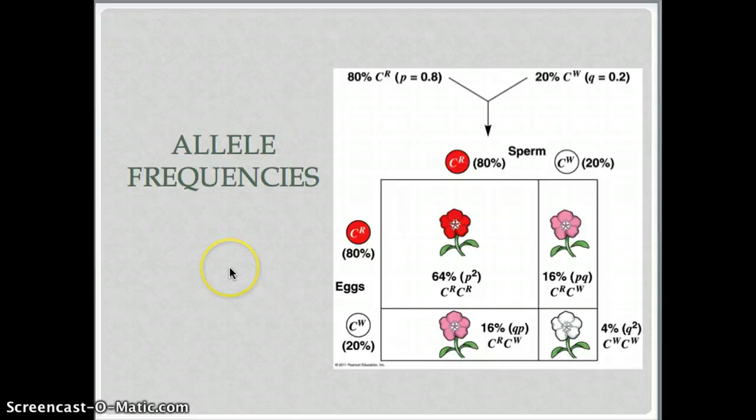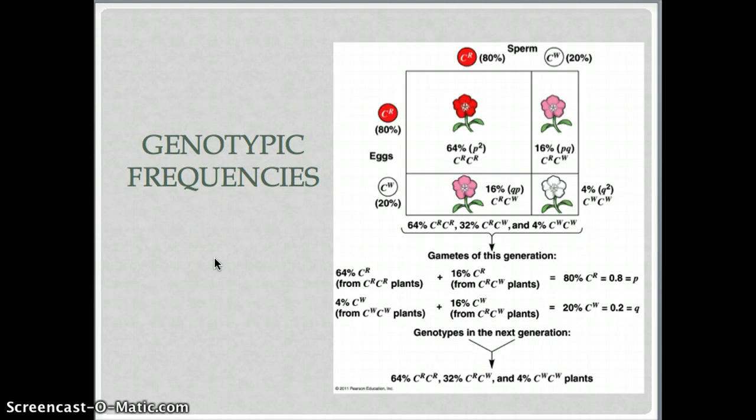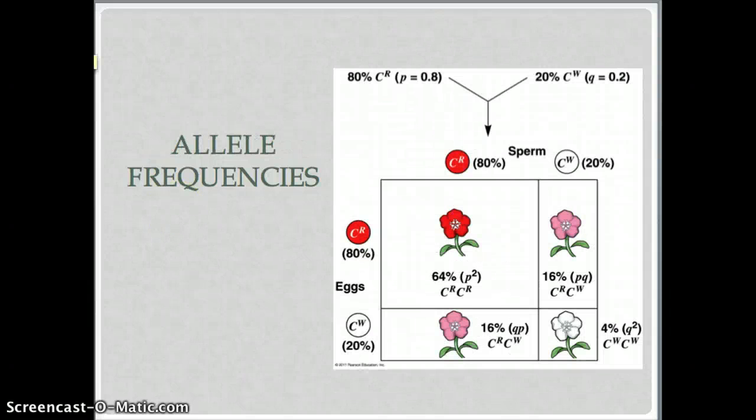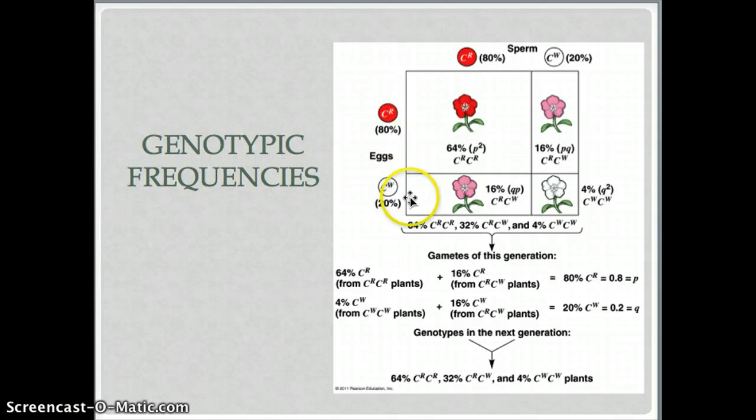This is talking about different genetic combinations, and this one talks about how we calculate the different genotype frequencies. Earlier was allele frequency, and this one is genotype frequency, which gives us the different combinations and possibilities down here, which is what I just talked about.